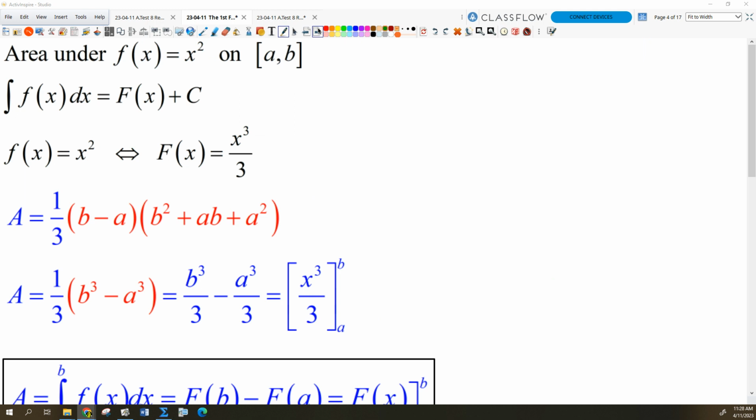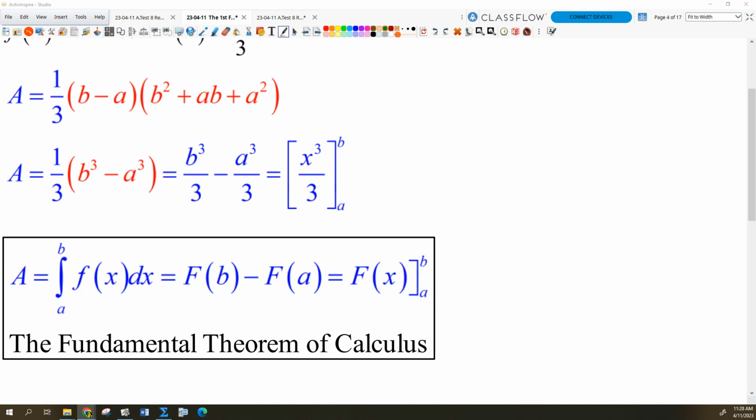There's a way we could write that, and when we write it that way, mathematically, what that means is this is going to be the difference between this expression evaluated at b and a. That's what that means, right? This means I'm going to plug the b in and then subtract what I get when I plug the a in. So this is a notational shortcut.